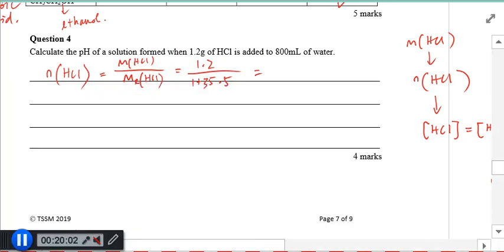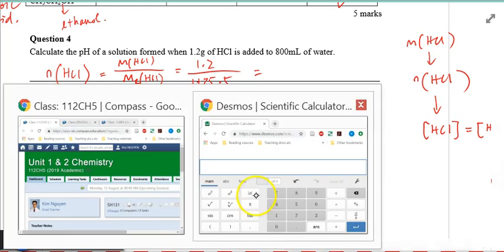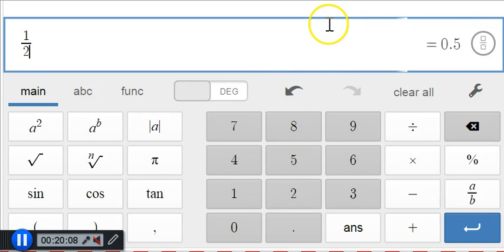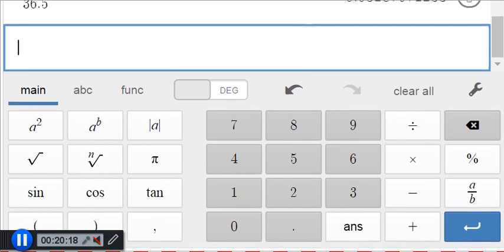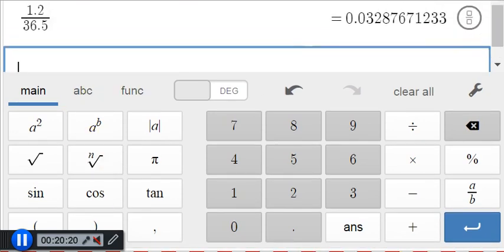Get my calculator out here. So 1.2 divided by 36.5. So, hang on, just make sure. 0.033.